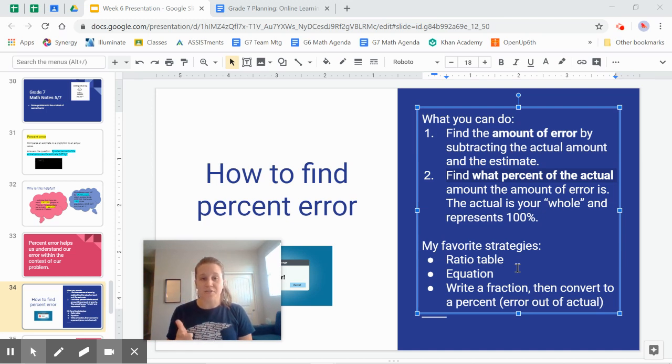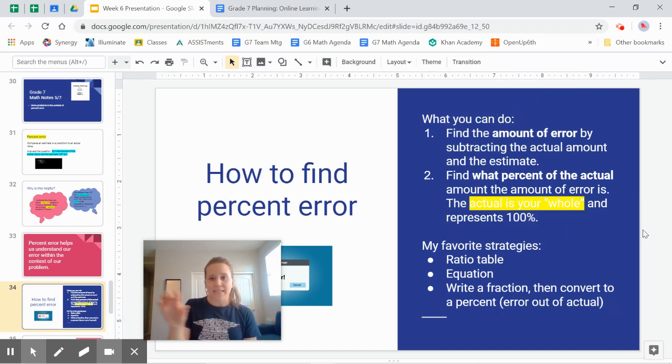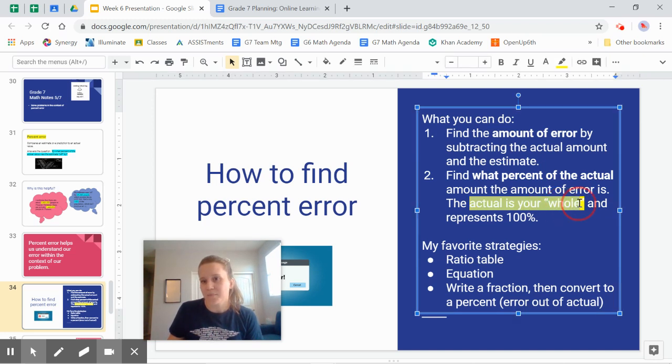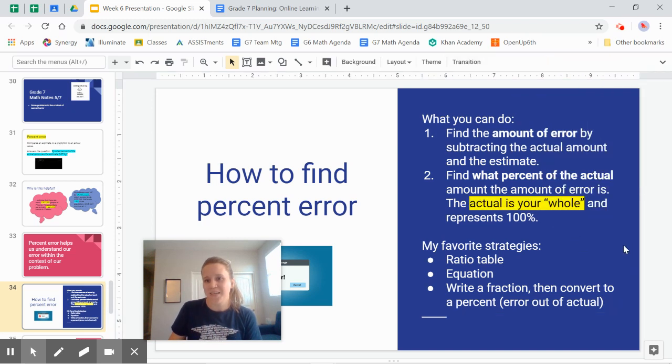Ratio table, you guys are crushing it at ratio tables. We can still use that to find the missing percent. We just need to remember that the actual is the whole. And so when we put in the actual in our table, we line that whole up with 100%, right? That's hard to see. Okay.